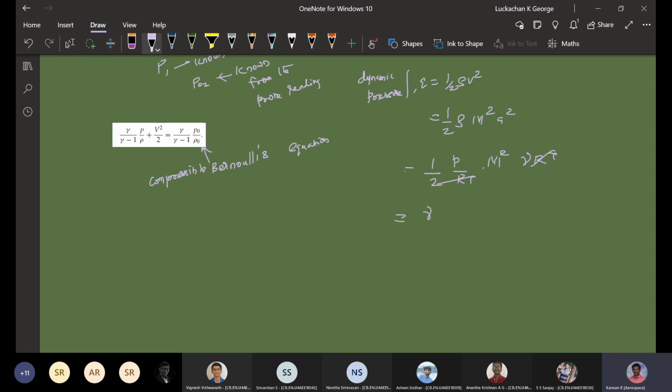So the dynamic pressure Q is gamma P M square by 2. From this we can rearrange to write P is equal to 2Q divided by gamma M square.